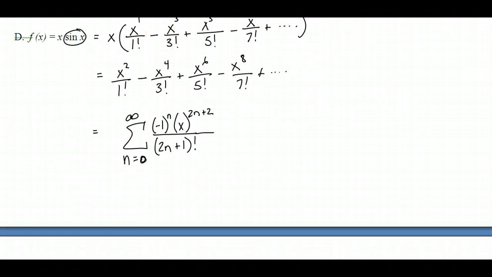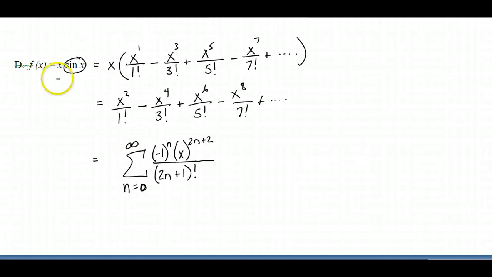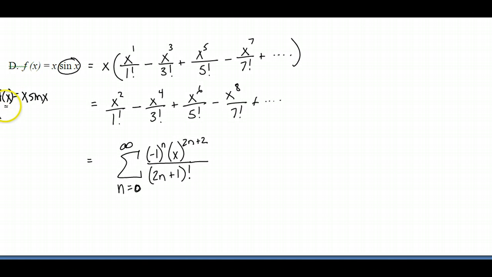Here's a situation, the next one, where I'm not just changing the x, I'm multiplying this entire thing by x. Well, write out the polynomial. If you know sine x and you're multiplying by x, it's really easy to write the polynomial for this. You don't want to start writing the polynomial the long way, saying if I have f of x and that's x times sine x, what is my first derivative going to be?